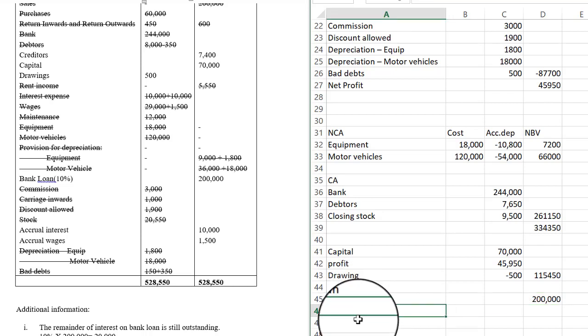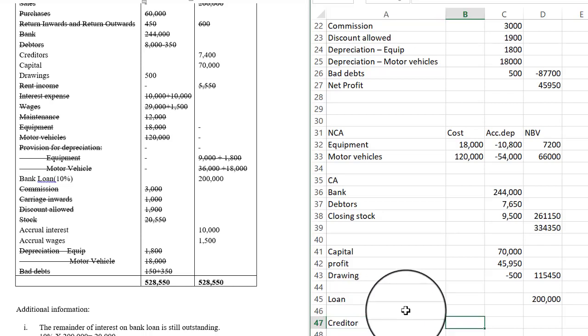Then you have your current liability, you have your creditor, 7,400, and your accrual, interest and accrual wages in total 11,500.